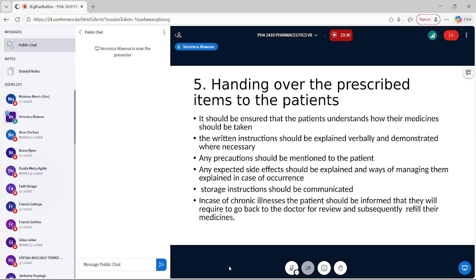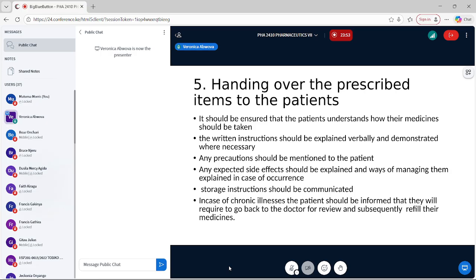Insulin usually can be injected. With the older versions, you withdraw the insulin and inject it using a syringe. Currently, there are things like insulin pens, whereby the patient is able to just inject.